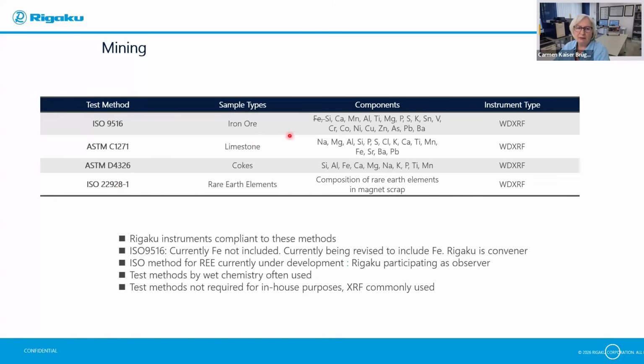So, for example, if you have iron ore, you need to set up your spectrometer according to these test methods. So all the Rigaku XRF products are norm compliant according to the standard. And XRF is the most commonly used technique for elemental analysis in this case.